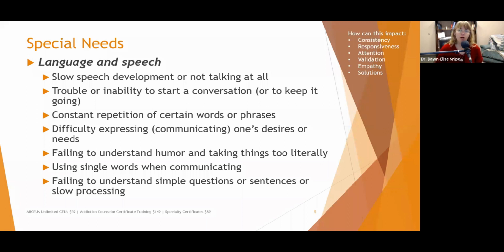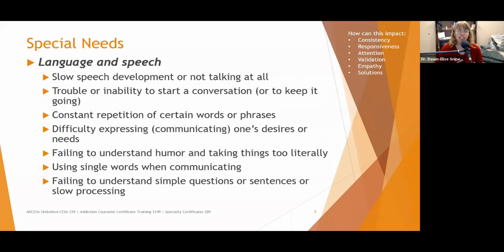They may have trouble or inability to start a conversation or keep it going. Constant repetition of certain words or phrases. They may have difficulty expressing their desires or needs. They may fail to understand humor and take things too literally, which can make watching TV more difficult because they may not understand what's going on.